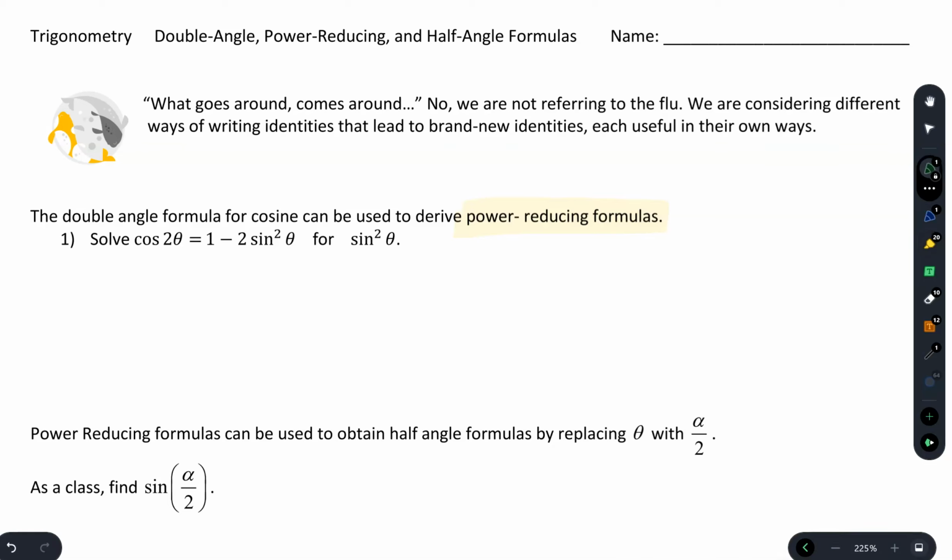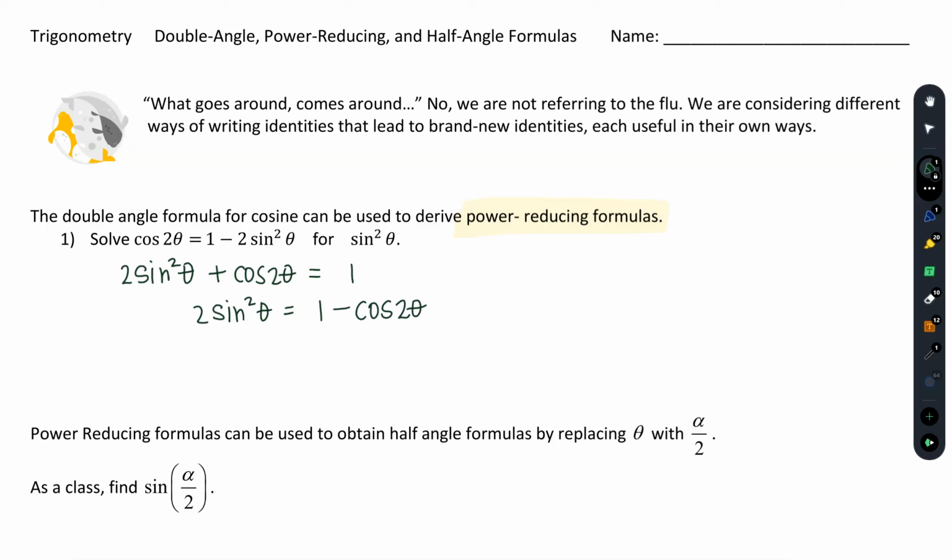Okay, so when you did that, hopefully you made the 2 sine squared positive. So let's move the 2 sine squared theta to the one side, and then that's plus cosine of your double angle, and it's just going to be equal to 1. Then you move your cosine of your double angle to the other side, so you'll have 2 sine squared theta equal to 1 minus cosine of your double angle.